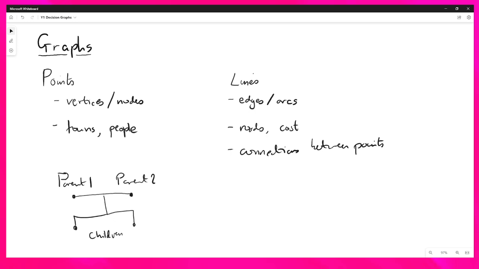So the arcs in this case show the relationships between these four people. That kind of thing.